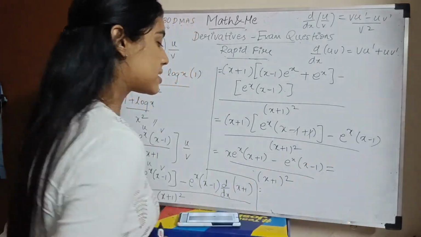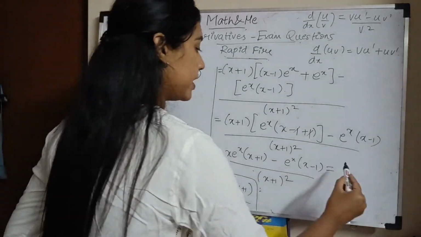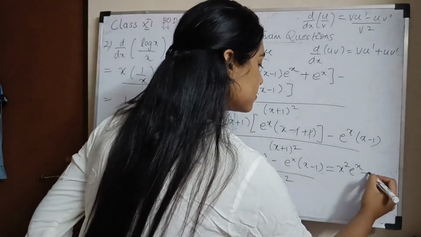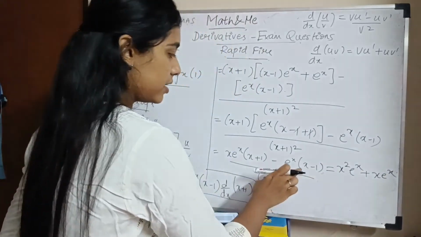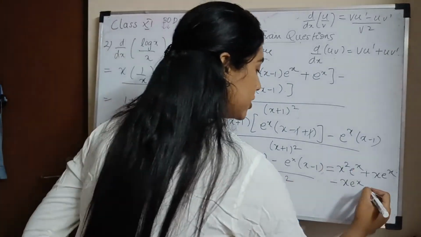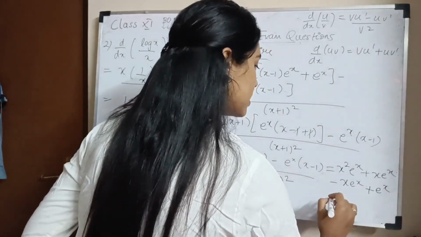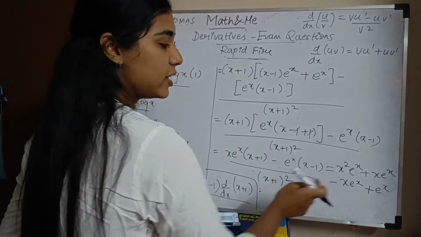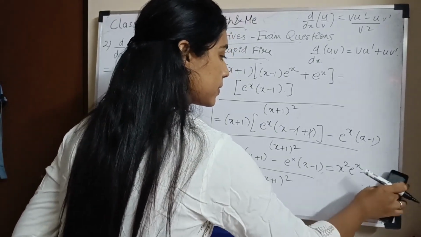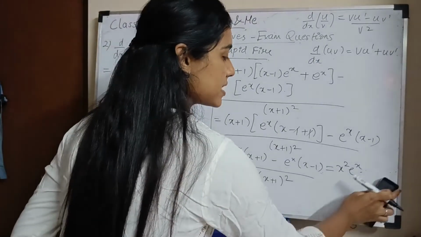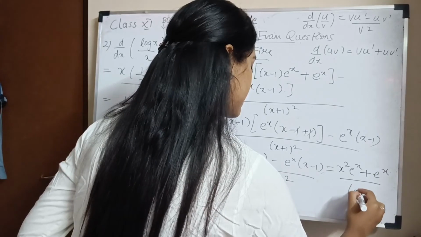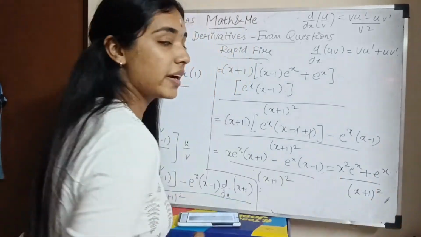So what happens when I further simplify this? I have x square e to the x plus x e to the x. Here I have minus x e to the x plus e to the x. So x e to the x and minus x e to the x get cancelled. So I have x square e to the x plus e to the x divided by x plus 1 the whole square. That's your final answer. Okay.